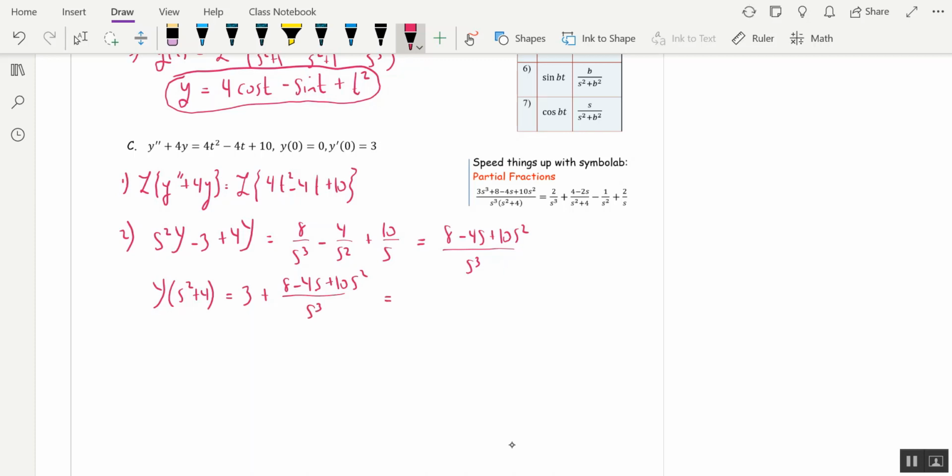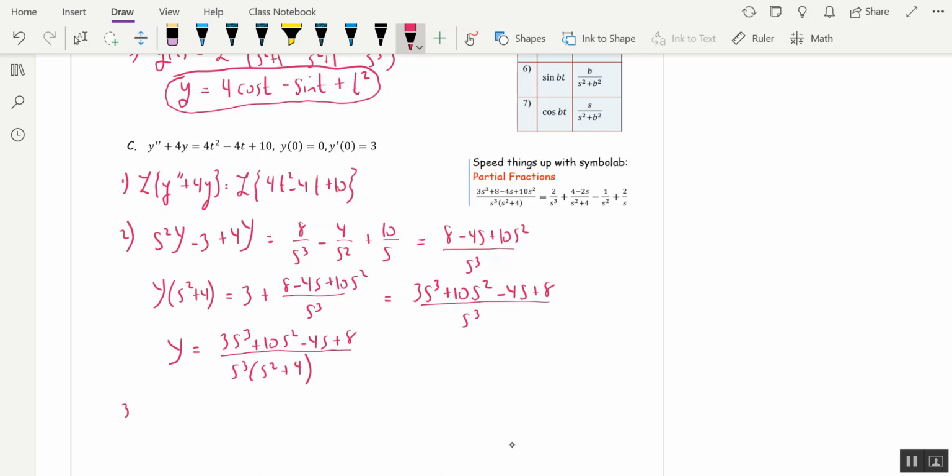So I multiply the 3 by s cubed over s cubed, and I get 3s cubed plus, I'm going to write things in descending order, 10s squared minus 4s plus 8 all over s cubed. So finally, the last part of step 2, big Y is divide that by s squared plus 4. So all of that is divided by s cubed times s squared plus 4.